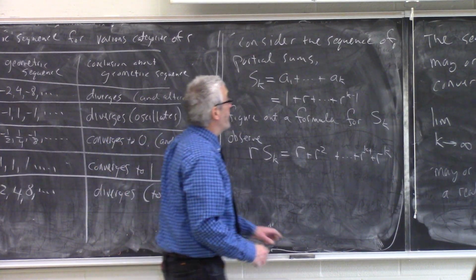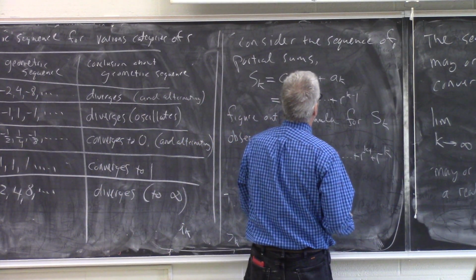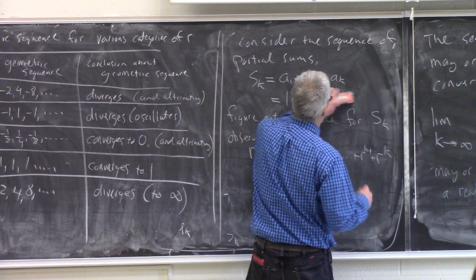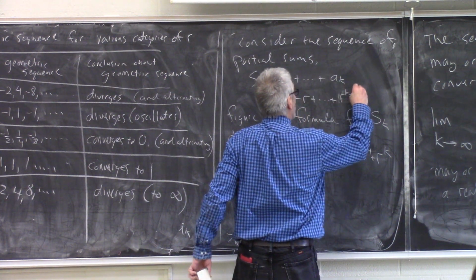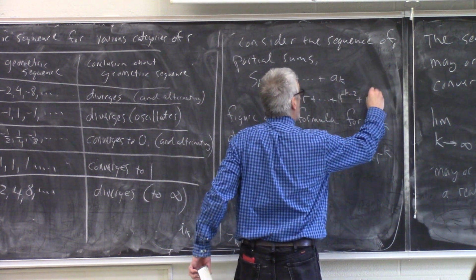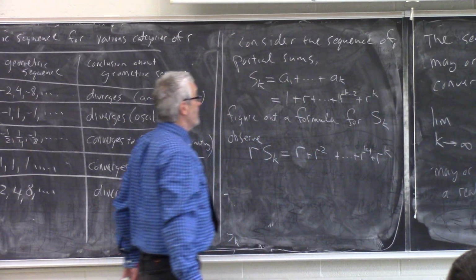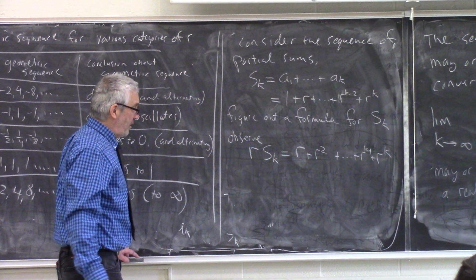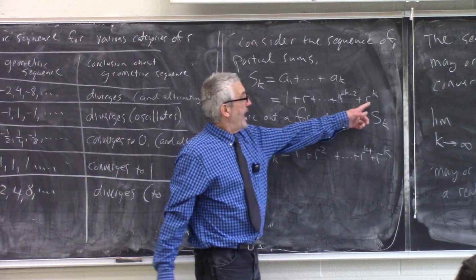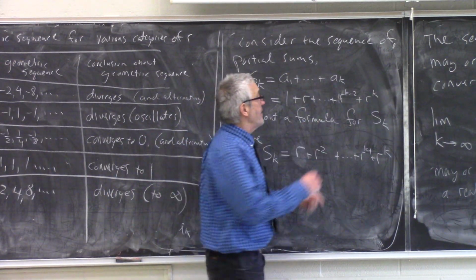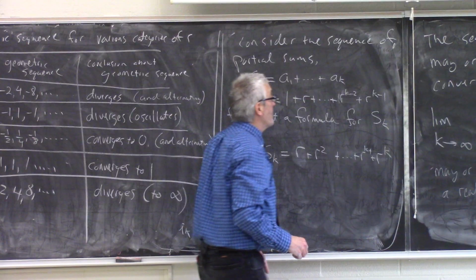So maybe I should have done that up here. This sequence ends with r to the k minus 2 plus r to the k. The last term in that kth partial sum is adding on the r to the k minus 1 power. Sorry, k minus 1 power.